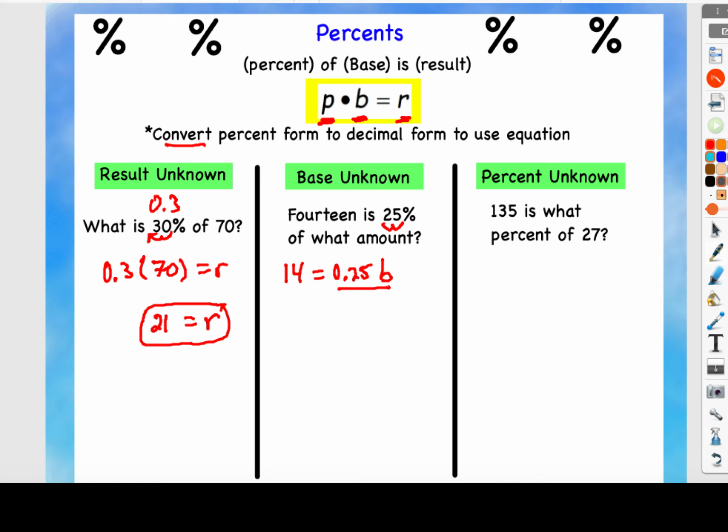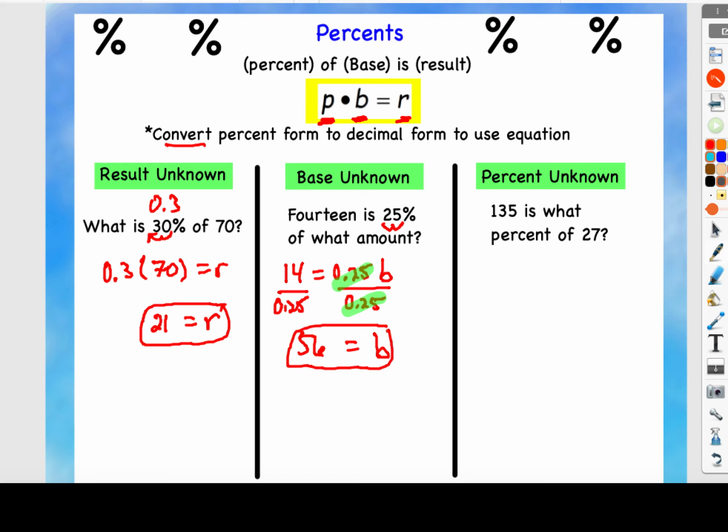But now I'm going to go ahead and divide then by 0.25. Divide by 0.25. Canceling again, those 0.25s. And b will equal, well, 14 divided by a quarter, or 14 divided by 0.25, should be exactly 56. We have it there.